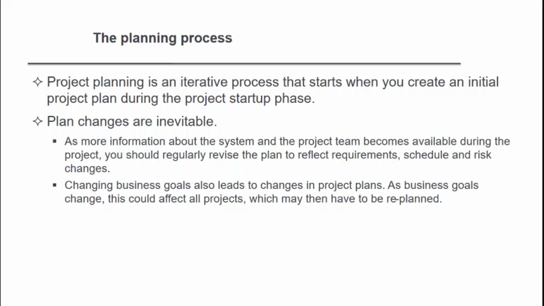You should regularly revise the plan to reflect the requirements, schedule, and risk changes. And changing business goals also leads to changes in the project plan. As the business goals change, this could affect all the projects, which may then have to be replanned.